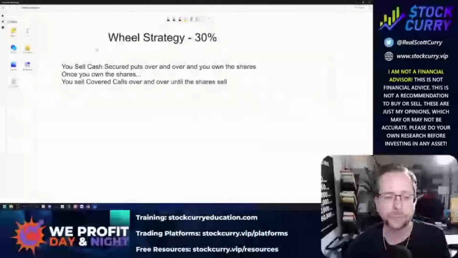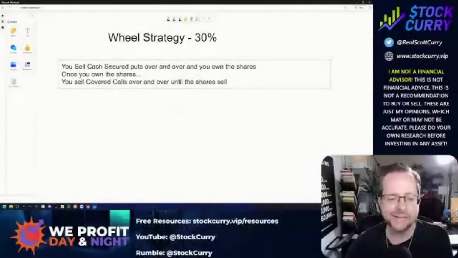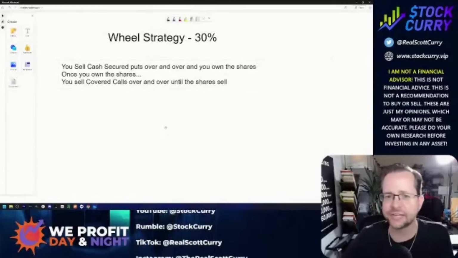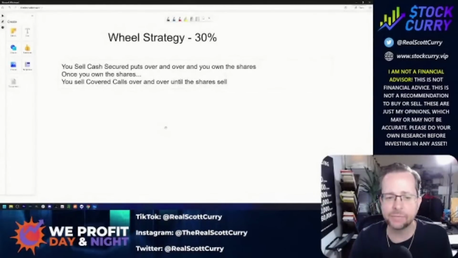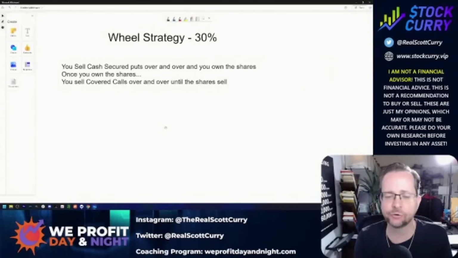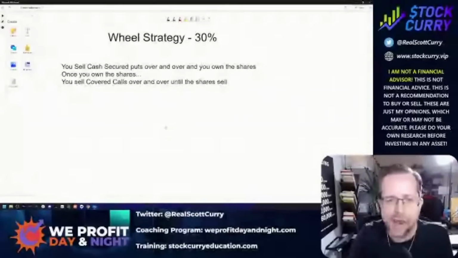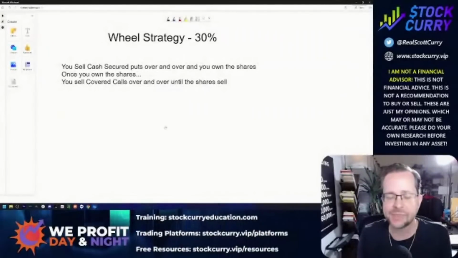Why is that? Well, generally you might sell that cash secured put 10 times before it actually gets exercised. So by the time you've actually bought those shares with the cash secured put, you are paying way below the market price for those shares.